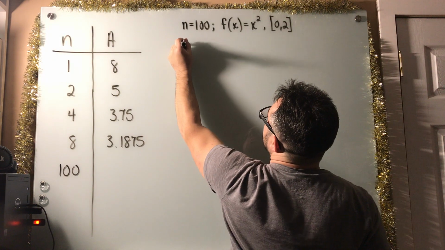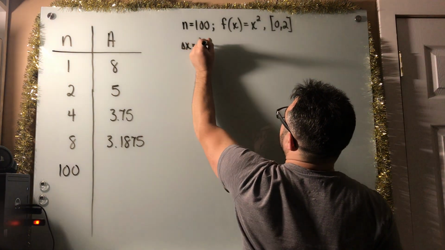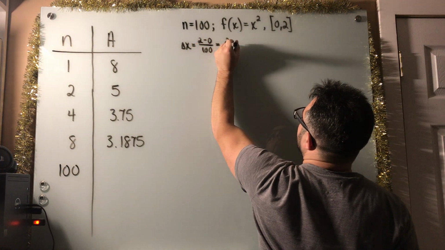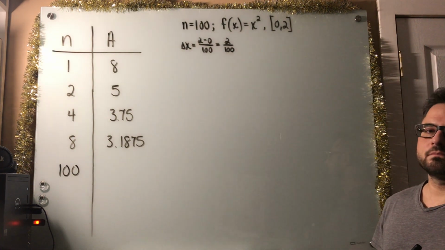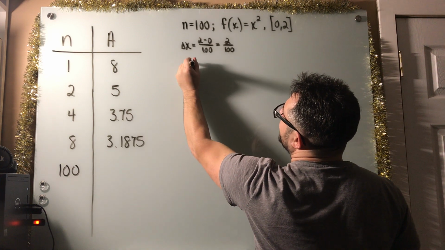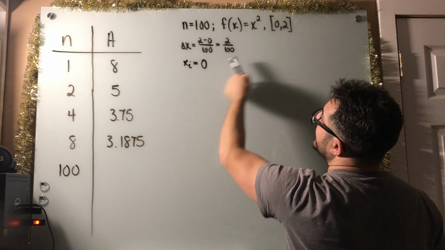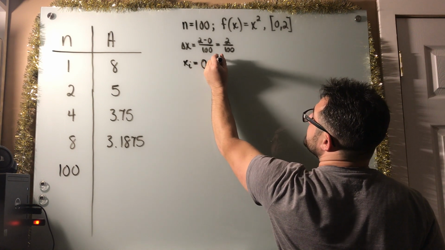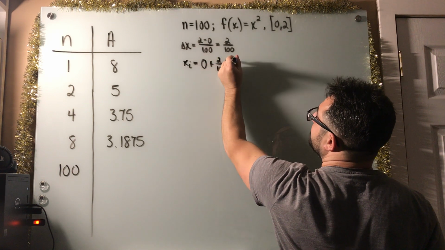So, we start out as before with delta x. From that, we can also get x sub i. x sub i is a, we start at the left endpoint of the interval, plus delta x times i.